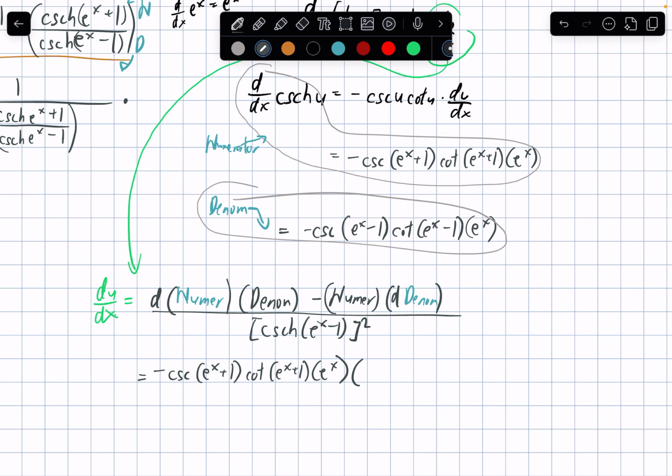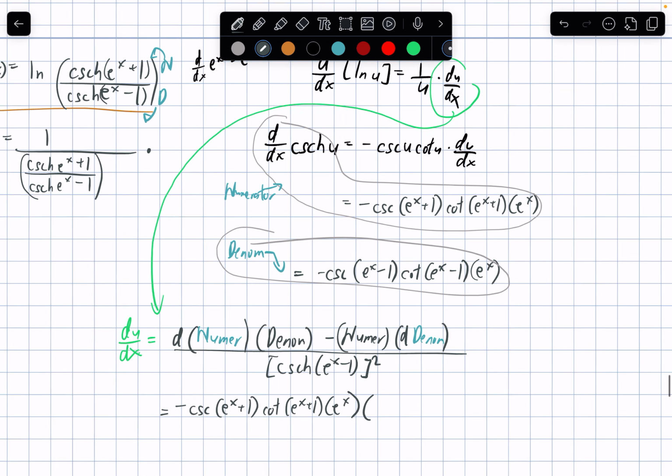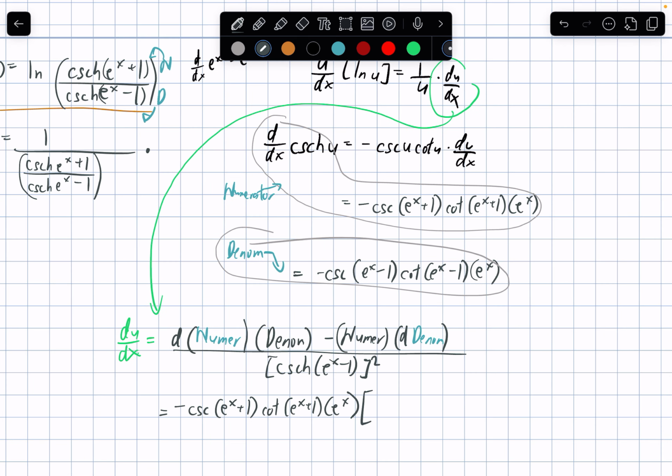times the denominator. We just copy. Minus the numerator, just copy.